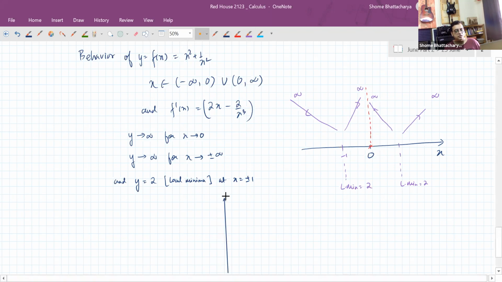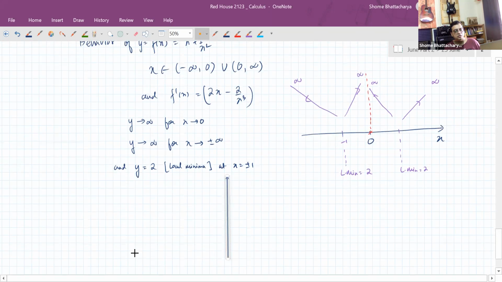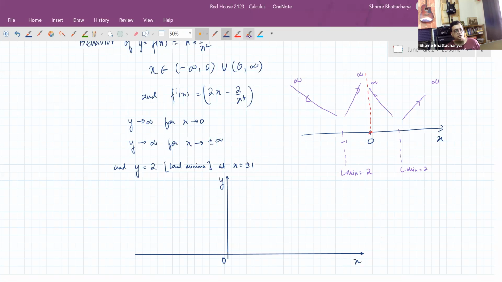So this shows us the behavior of the function, and now, understanding the detailed behavior, we can even visualize a reasonably accurate graph of the function. The graph of the function will be something like this.